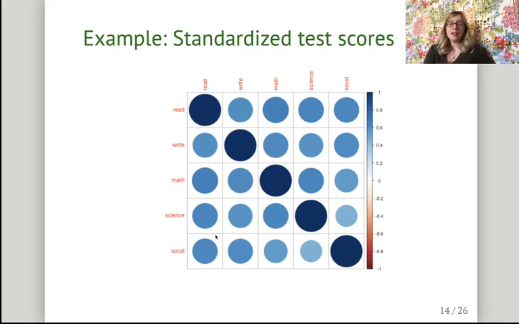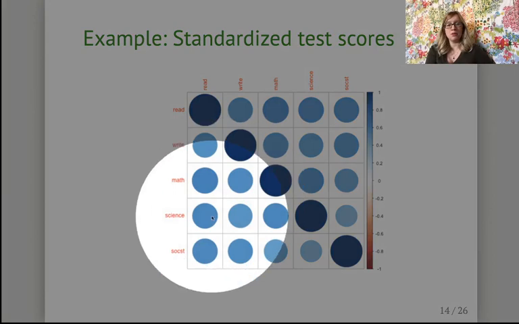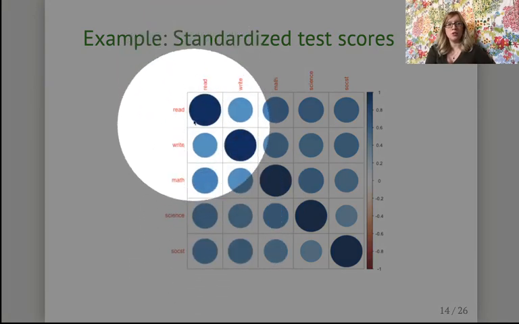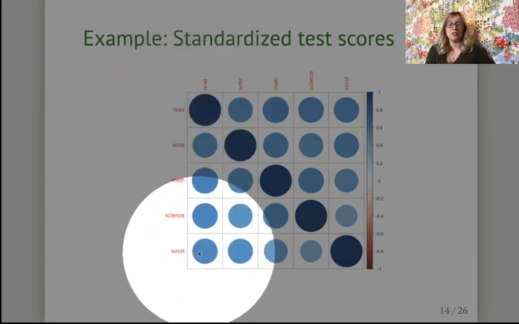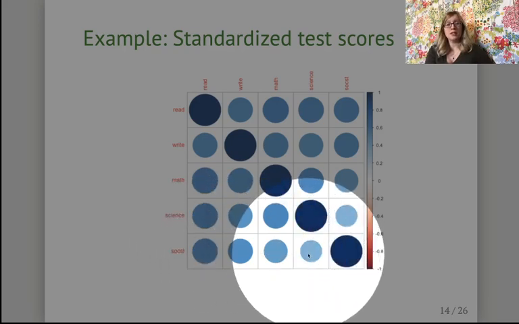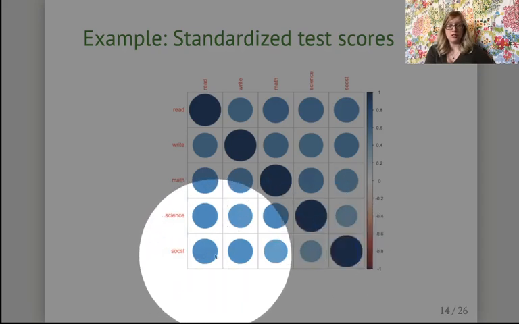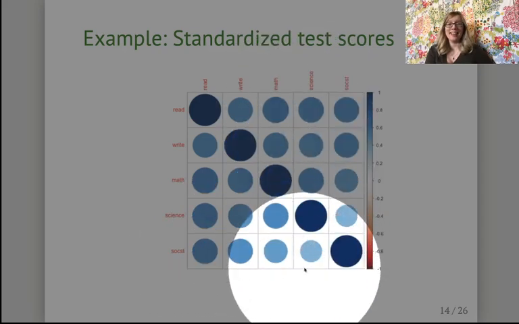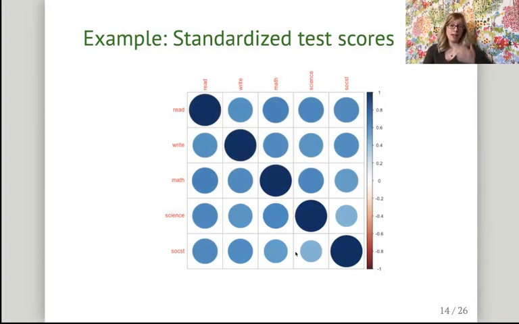Looking at the other circles, the bigger the circle is, the bigger the magnitude of the correlation. So for example, it looks like there's a pretty strong correlation between reading scores and social studies scores. There's still a positive correlation because the circle is blue, but it's a little bit weaker between social studies scores and science scores. So that's how we might interpret this correlation plot.